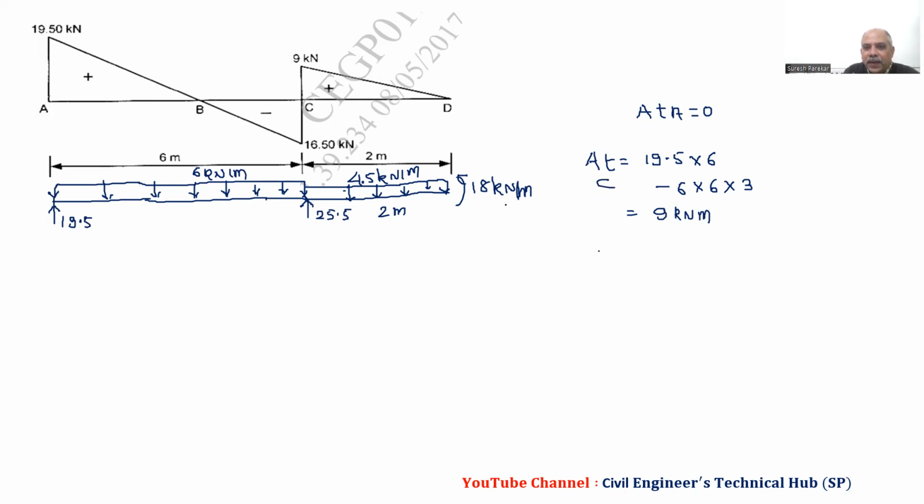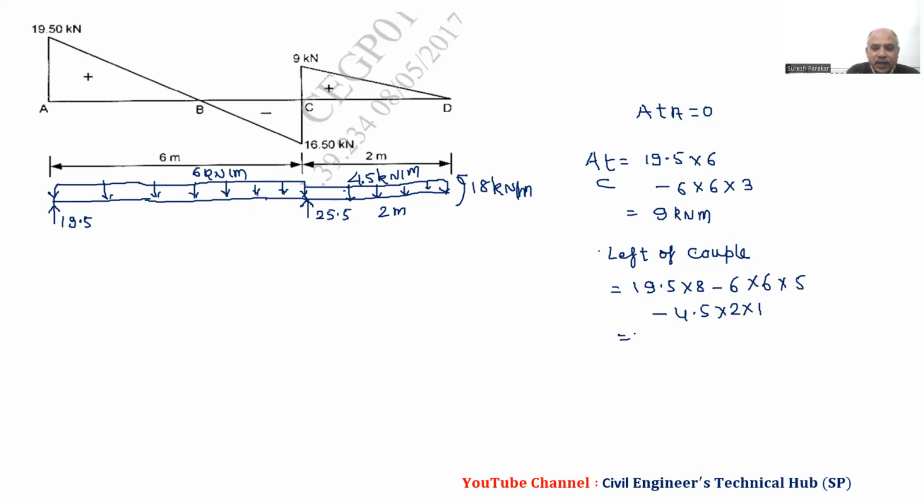Then as we have a couple at D, we have the left of the couple: 19.5 into 8 minus 6 into 6 into 5 minus 4.5 into 2 into 1.